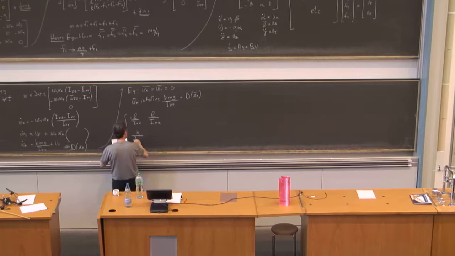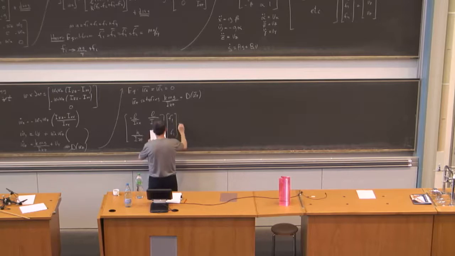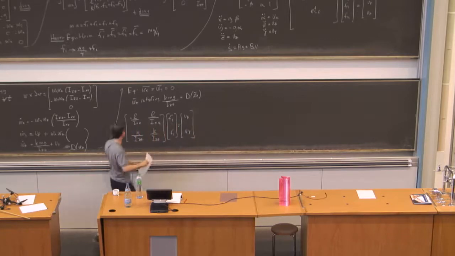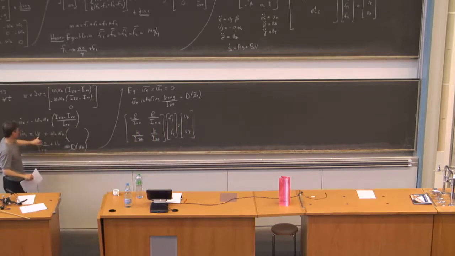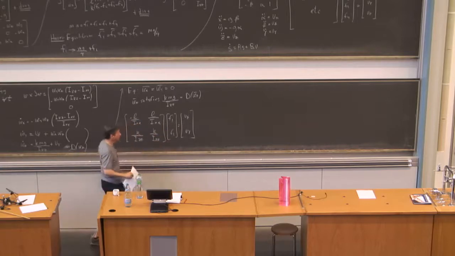K over Izz, K over Izz, times F1, F2 is equal to u sub beta and u sub gamma. Okay, that's what these control inputs are. They're just basically linear combinations of these F1 and F3. I just invert this matrix to solve for F1 and F3, and there I am.